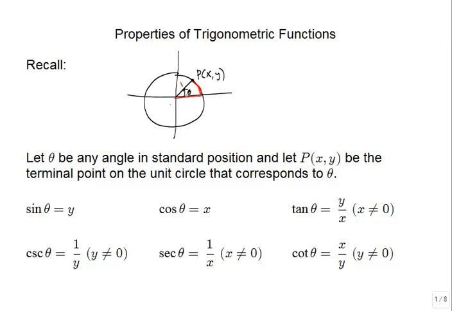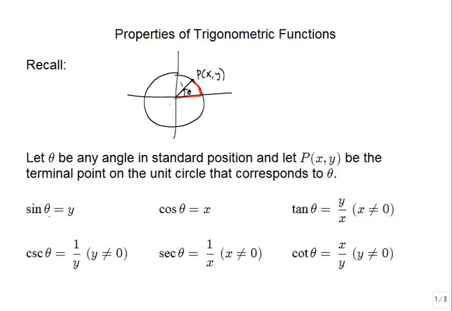So if we have this setup, then the sine of theta is defined to be the y-coordinate of this terminal point. The cosine of theta is defined to be the x-coordinate of our terminal point. Tangent of theta is defined to be y over x, where x cannot equal 0.